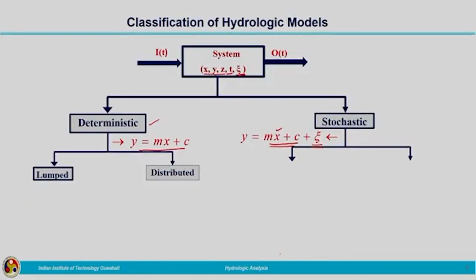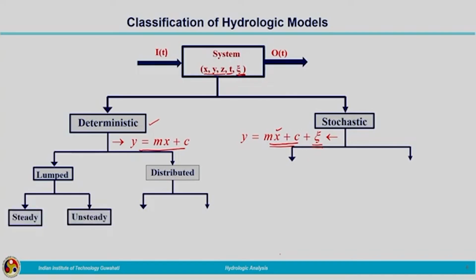The lumped model can again be divided into steady and unsteady, and the distributed model can also be divided into steady and unsteady models. What is meant by steady and unsteady models? You know already. A steady model is one in which variation with respect to time is not taken into account.